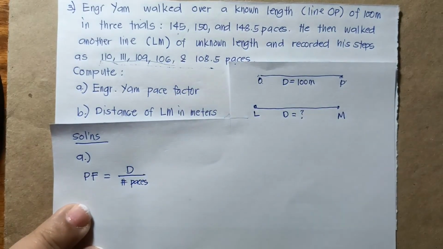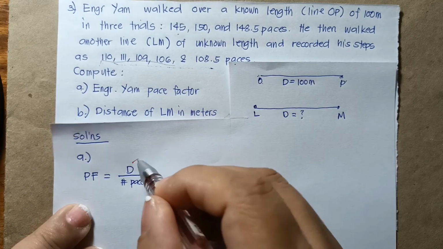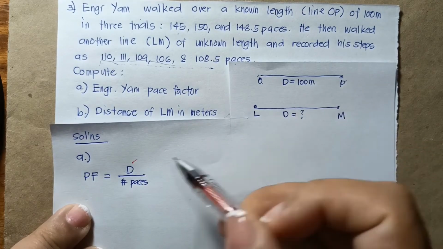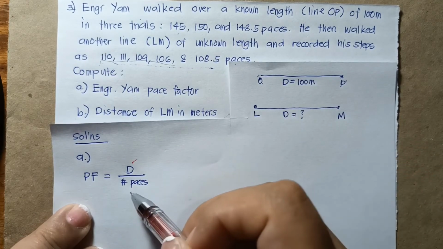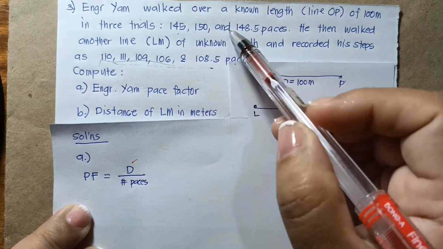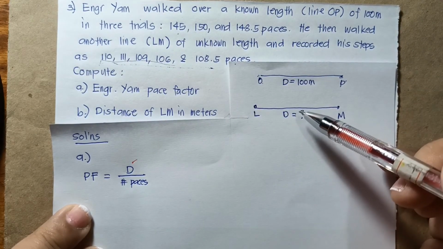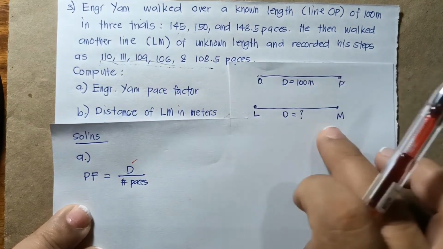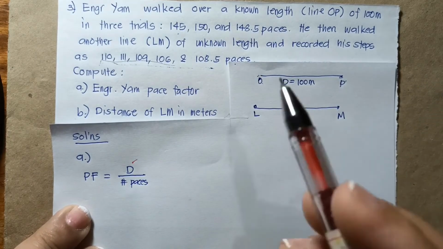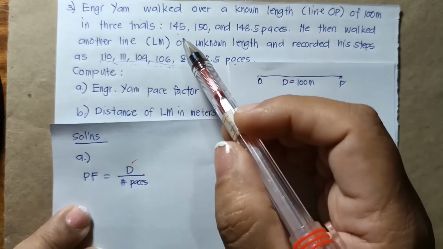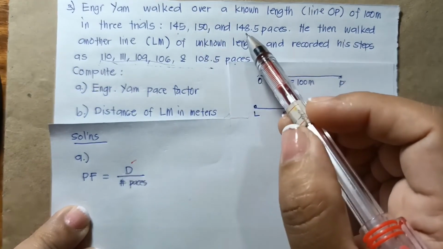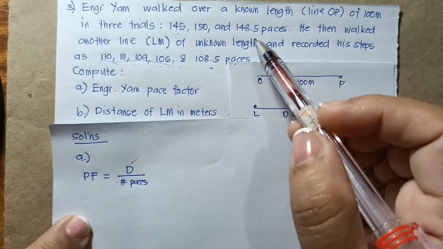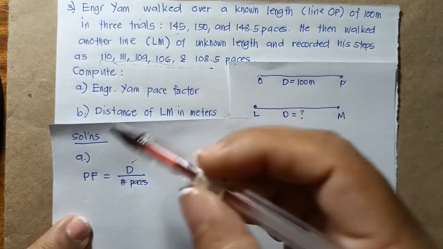D is given, which is equal to 100, and for the number of paces, we will use this value, not this one, because this is another line. So you have 145, 150, and 148.5. You have to get the average.